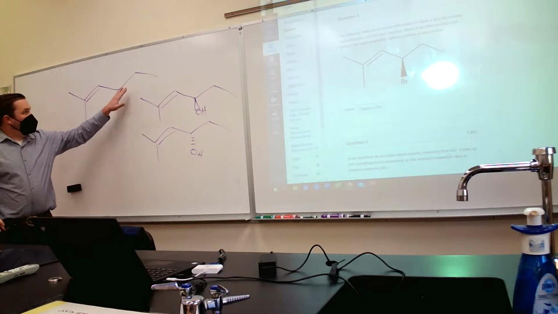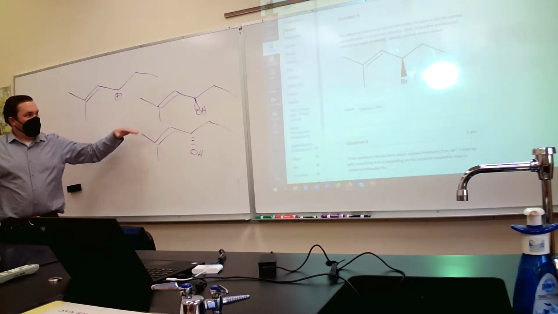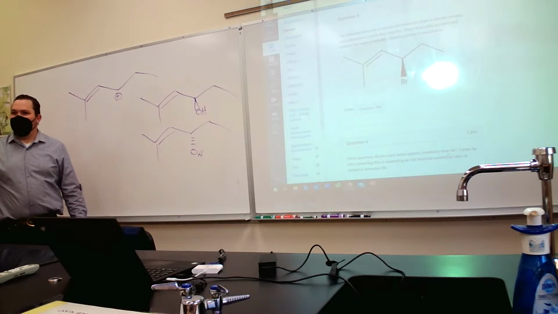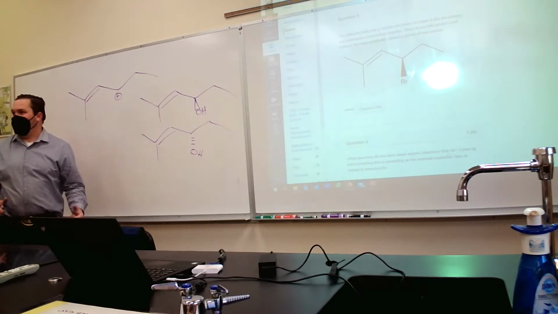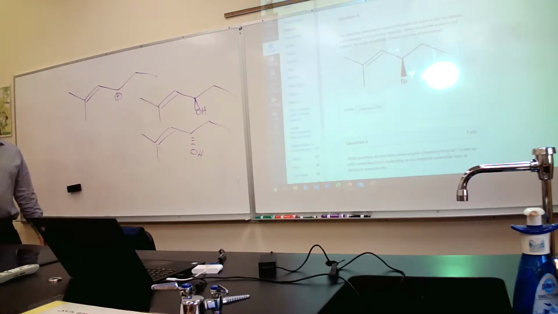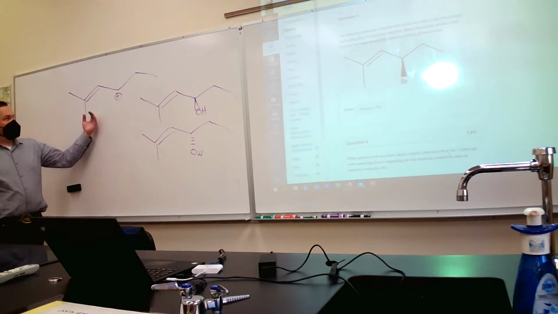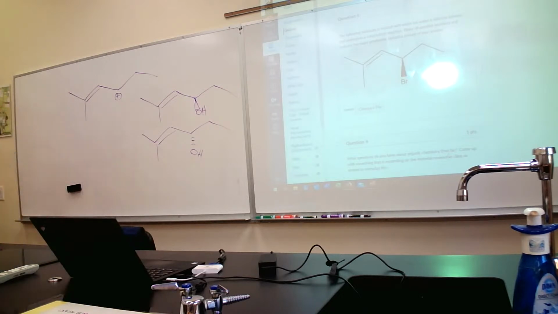And most of you were able to get that, even if you're still struggling with why it's a 50-50 mixture. It's a 50-50 mixture just because that p orbital is the same shape above and below the carbocation. So that means you've got an equal chance of the oxygen hitting it from the top or the bottom. That bromine's totally gone, it's not taking up space anymore, therefore you have plenty of space from behind or in front to attach.